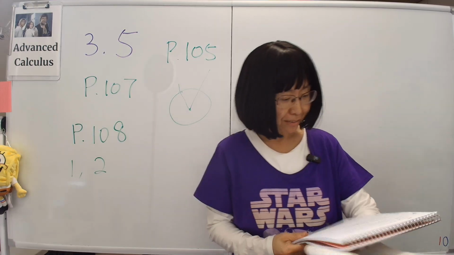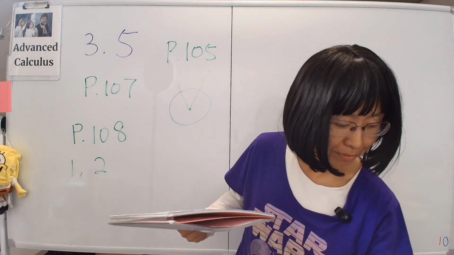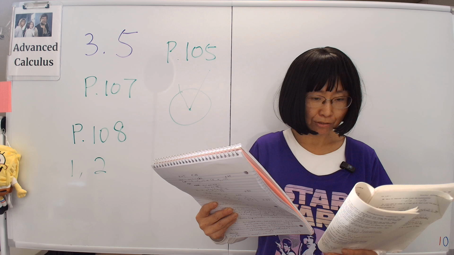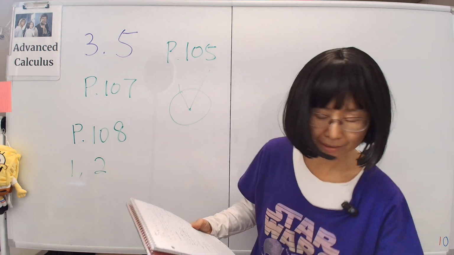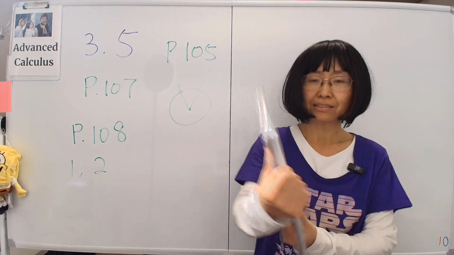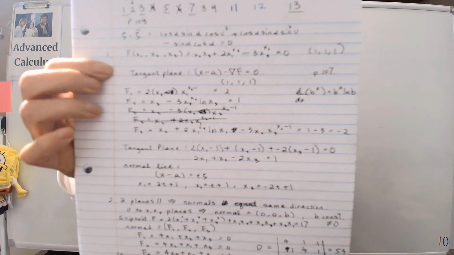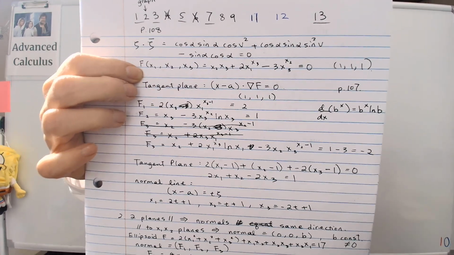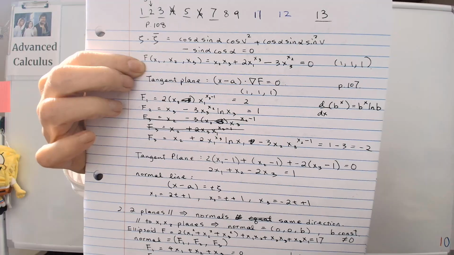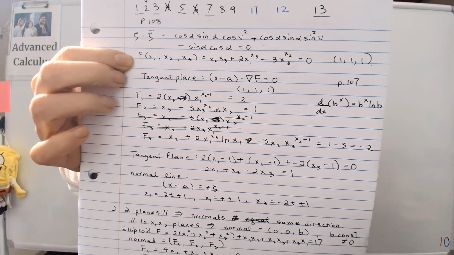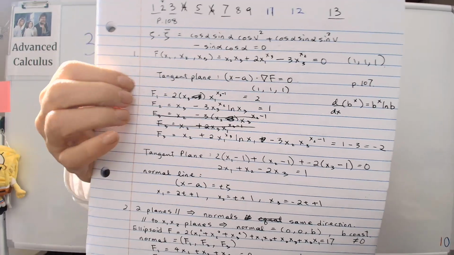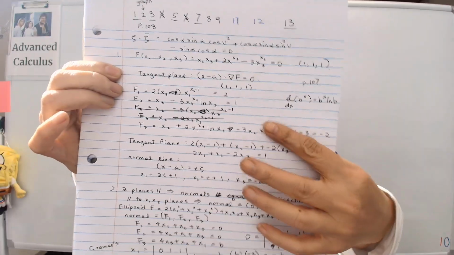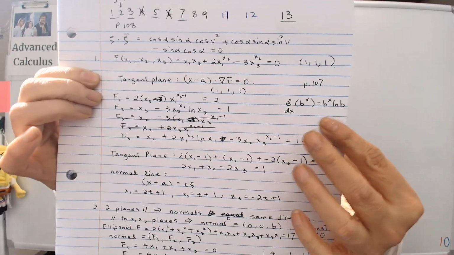Okay, now that we're done with the homework, let's talk about problem 1, where we're supposed to find the tangent plane and the normal line at some point of some surface. That's a generic problem with a slight difficulty in taking the partial derivative, because you have variables to the power of variables. To do that, you just have to remember this formula, which is not used very much, so it tends to be forgotten.